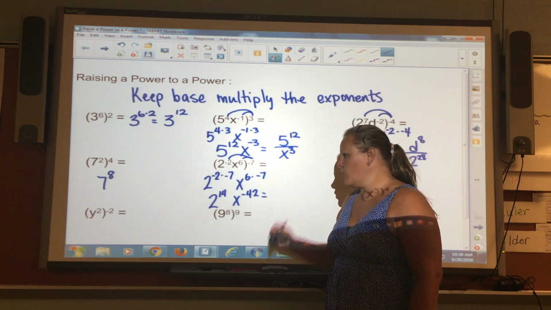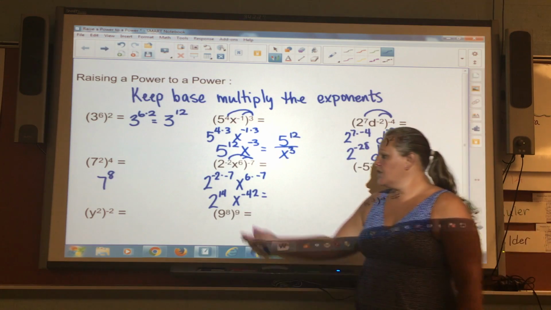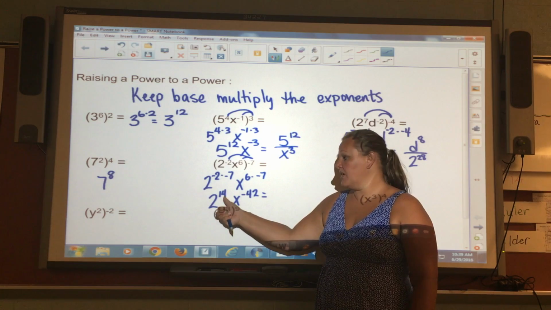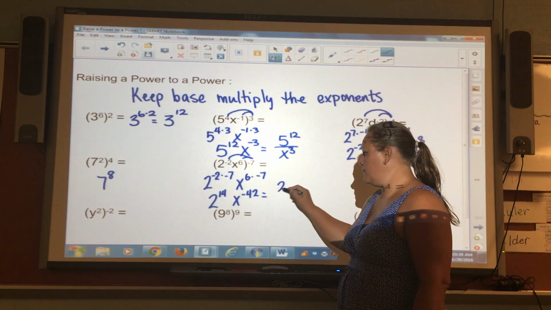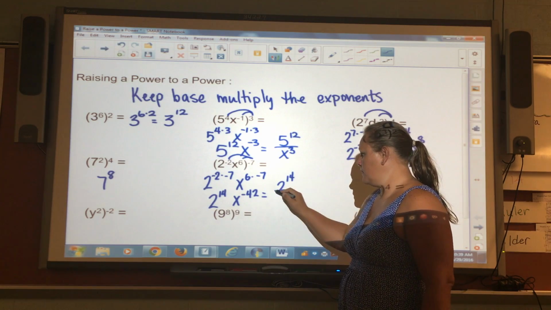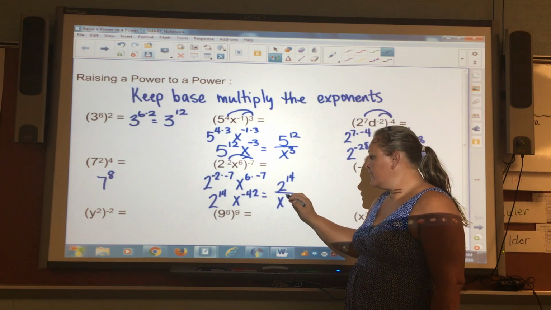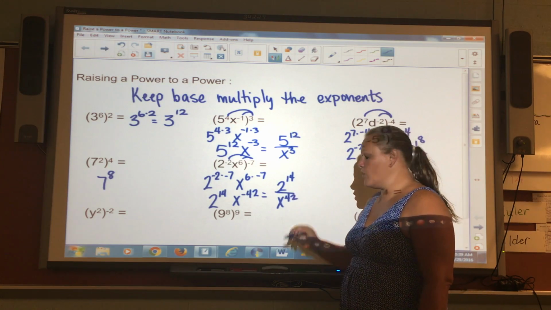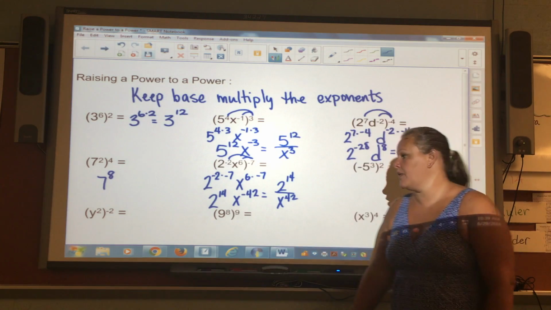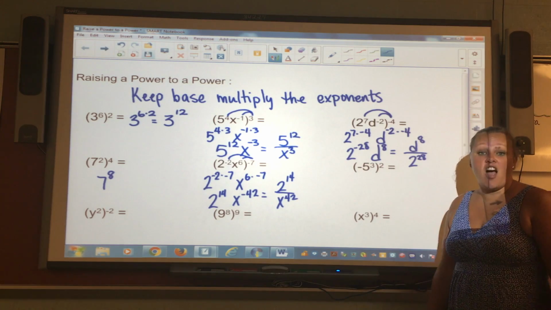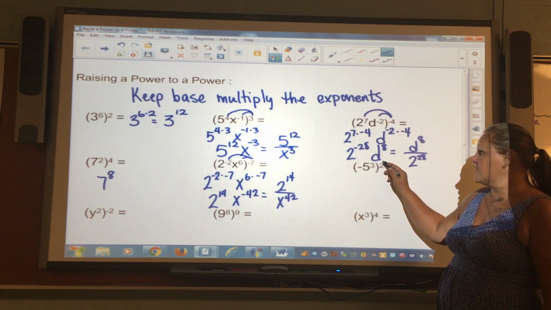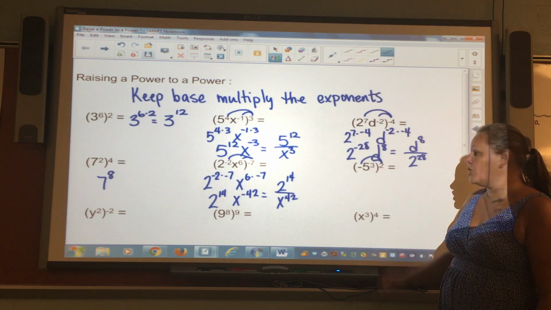And then this one, we can simplify again. The 2 will stay because it has a positive exponent. And the x will move to the bottom of the fraction so that we can turn that -42 into a positive exponent. All right, in this last one, we are distributing the 2.